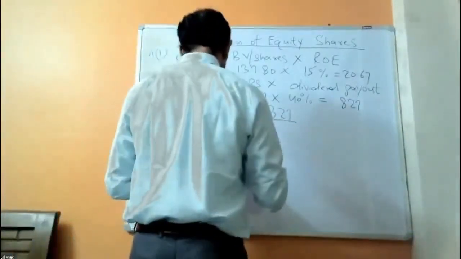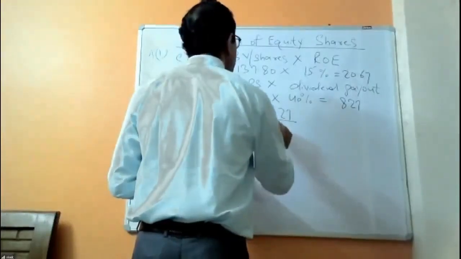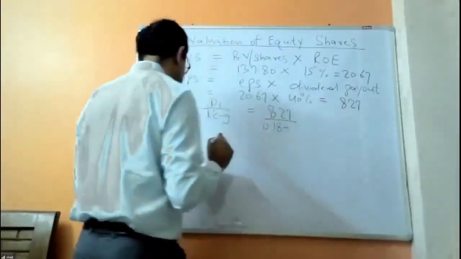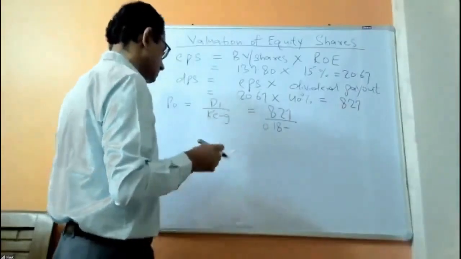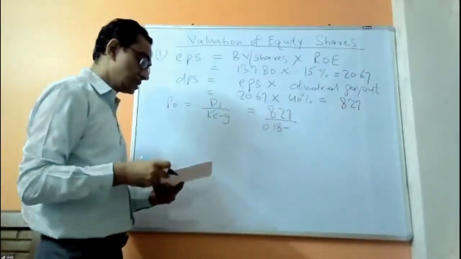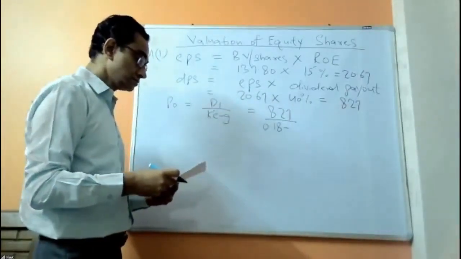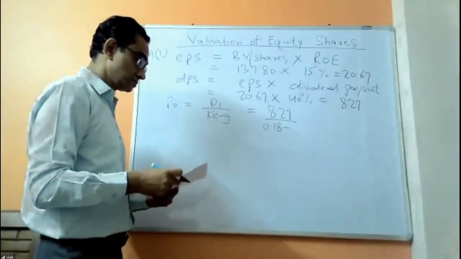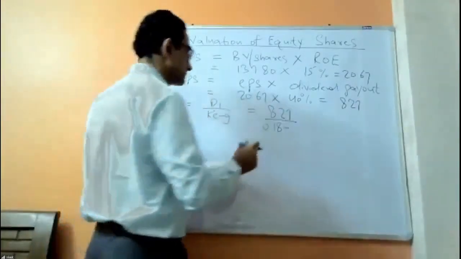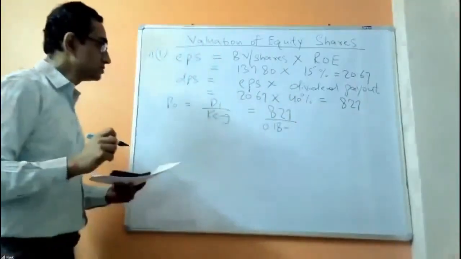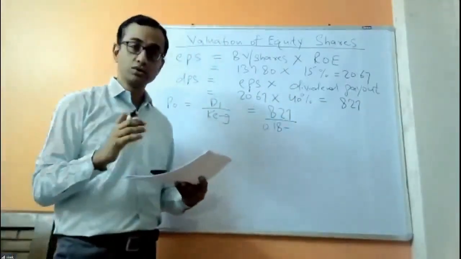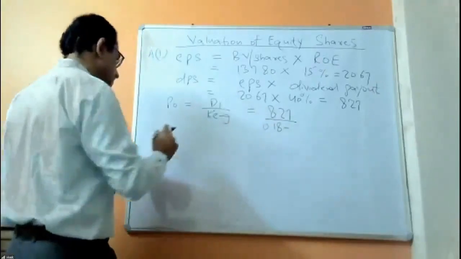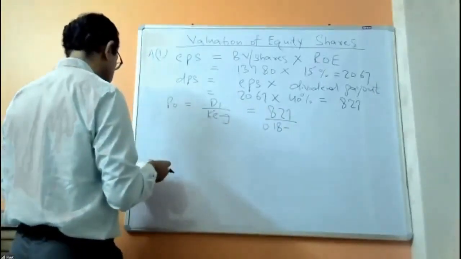So 8.27 is the D1 or dividend at the end of the first year. Cost of capital is given, 0.18, minus the growth rate. In this case, you have observed that the growth rate is not given. You have to calculate it.